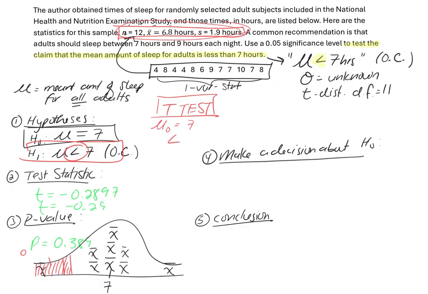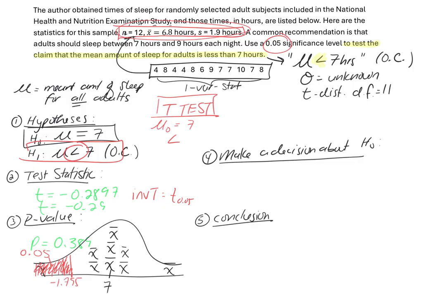Our significance level, we're using 0.05 here, is going to be the area of that red shaded region that I just shaded in red. If you use your calculator function, inverse t, it will give us the critical value on the left here. Using your calculator, that gives us a critical value of negative 1.795.